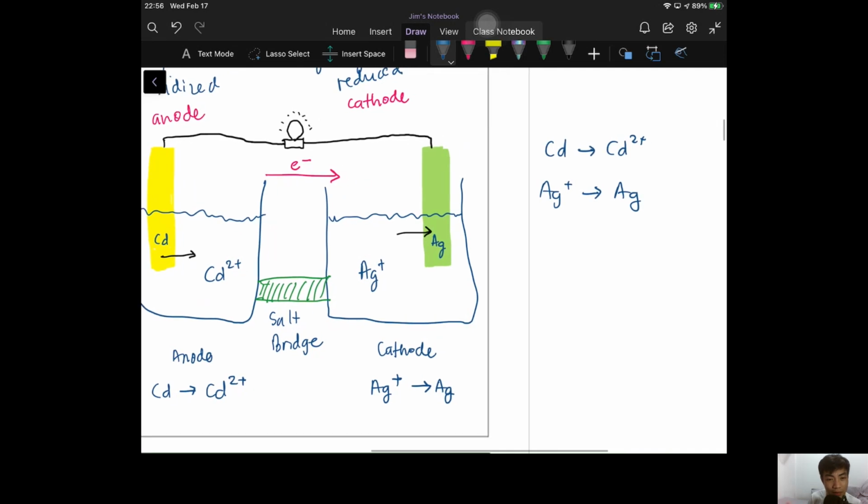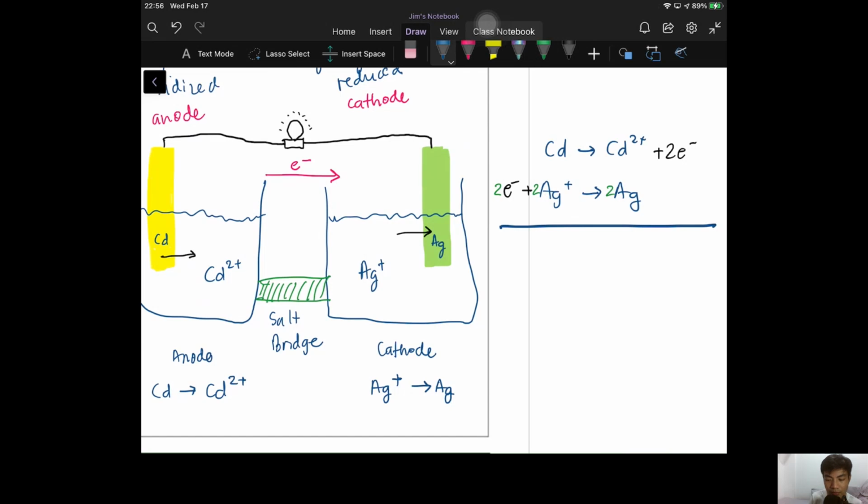So, yung cadmium, i-balance mo na yung atom. Balance na yan. Charges na lang ang hindi balance. So, plus 2 electrons sa right side. Yung silver, balance yung atoms, pero yung charges, hindi. So, plus electron dyan. Then, before mo pagsamahin yan, ibabalance mo yung electrons. No? So, 2, 2, and 2.